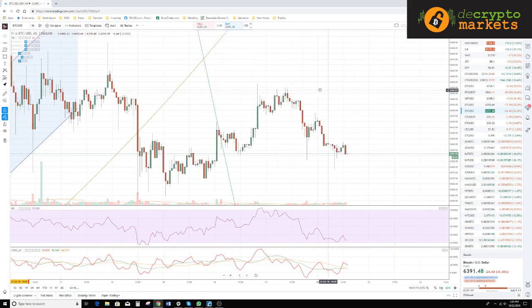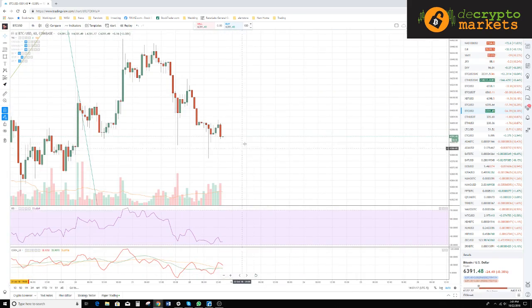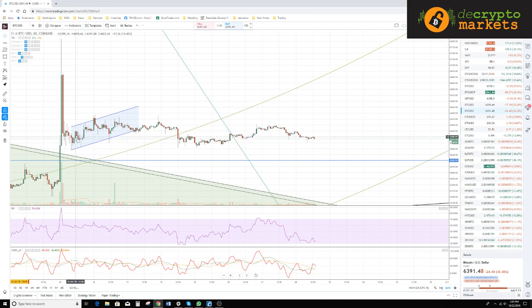On the hourly here, we see a little bit of selling pressure going on. We just closed the 2 o'clock hour. Folks, we're still in a pretty tight consolidated range ever since the 15th. Ever since we had that big rise last week, we just haven't moved much. We've traded between, what is that, 6,500 and 63.